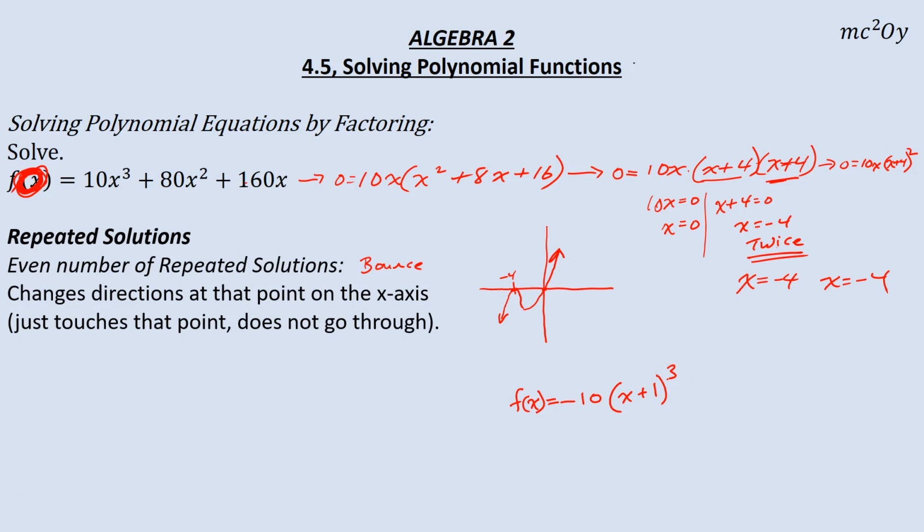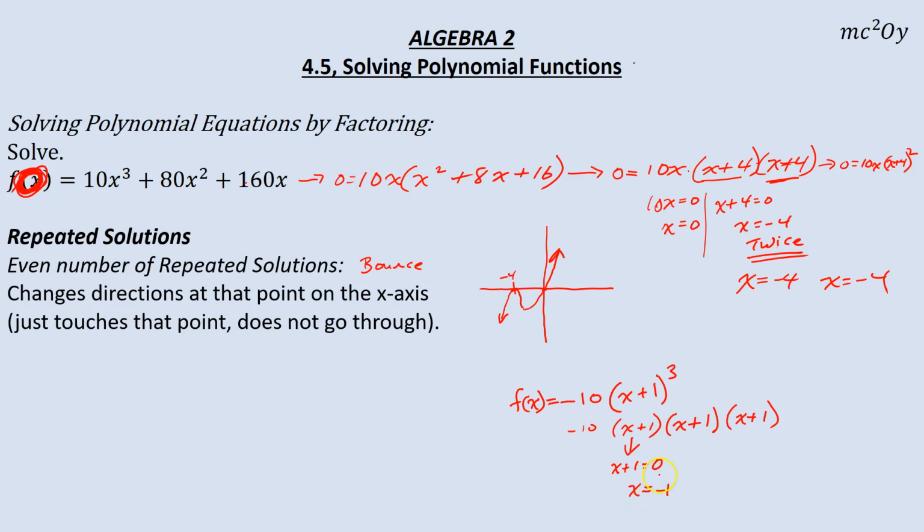In this case, I know that x plus 1 cubed really means negative 10 times x plus 1 times x plus 1 times x plus 1. It happens 3 times. So this would give me a 0 of x equals negative 1, and this one would give me negative 1 as well, and this one as well. So I'd have x equals negative 1 there, x equals negative 1 here, and x equals negative 1 right here.